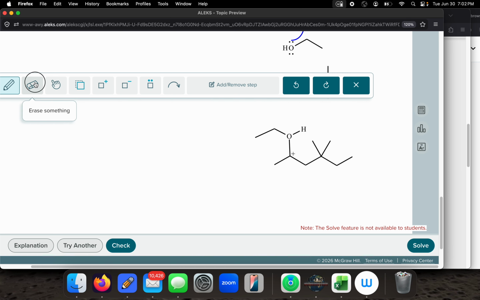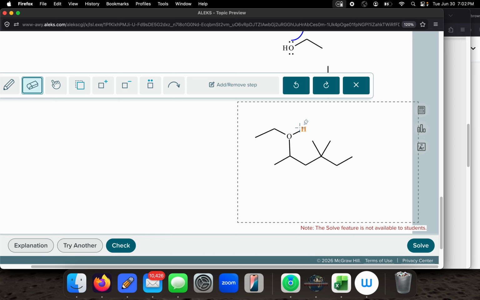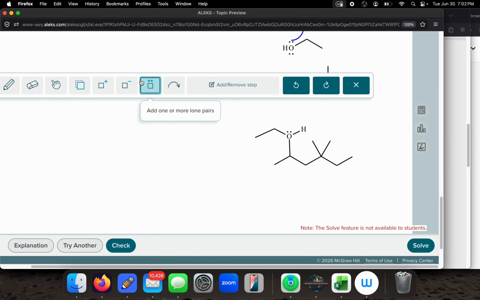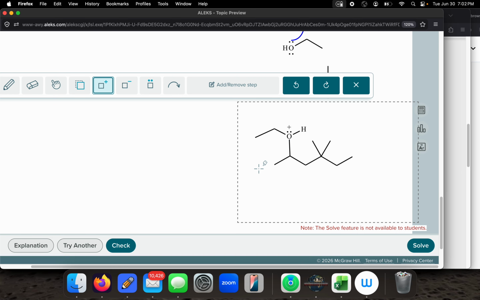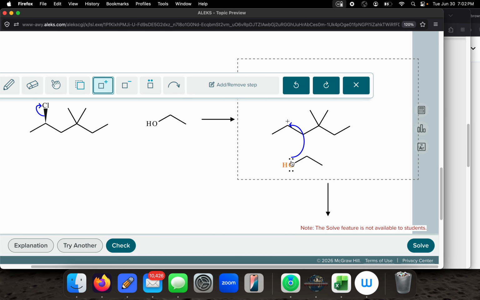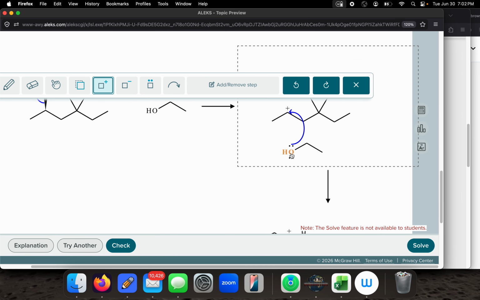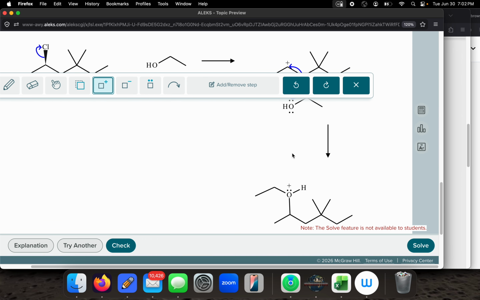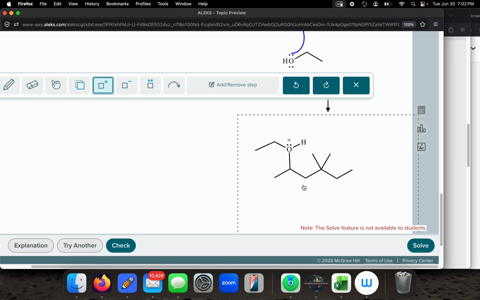Now that's going to be gone. That's going to be gone because it got satisfied with that. Boom. And boom. Right? That's what happens. If these electrons go here, that charge goes away, because this now gets to share those electrons. But this is going to have 3 bonds and 1 lone pair of electrons, and that's a problem.